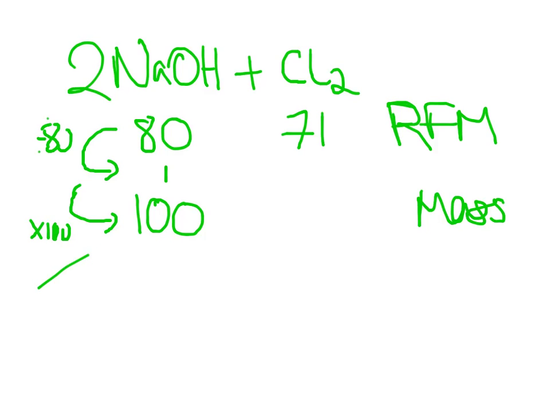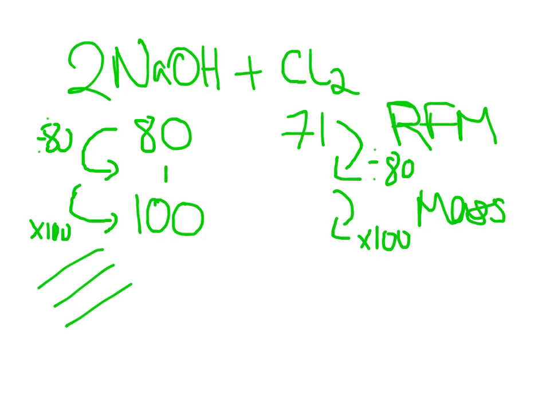So whatever you do to this side, or the side that you know the two things about, you do to the other side as well. So divide that by 80, and then multiply by whatever number's over here. In this case it's 100, so it's nice and easy, but you multiply whatever number, and you end up with your unknown.